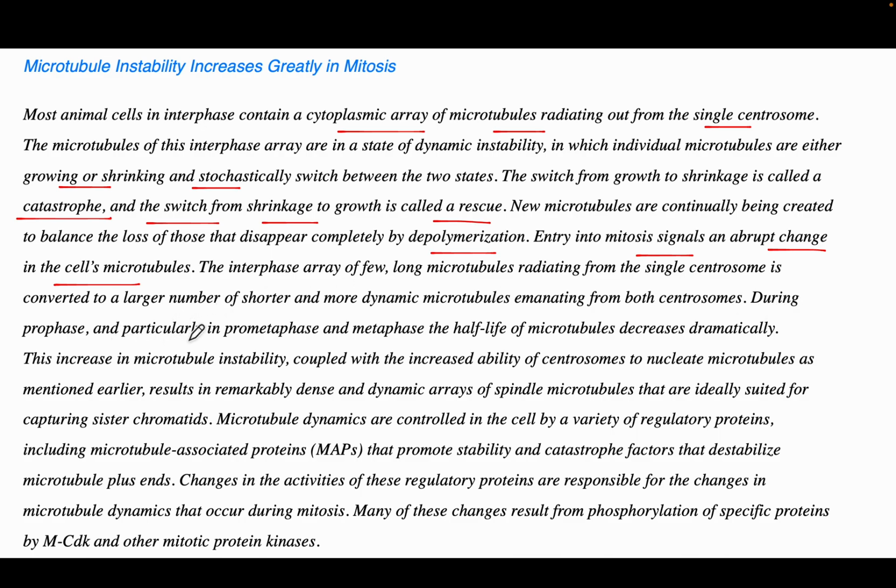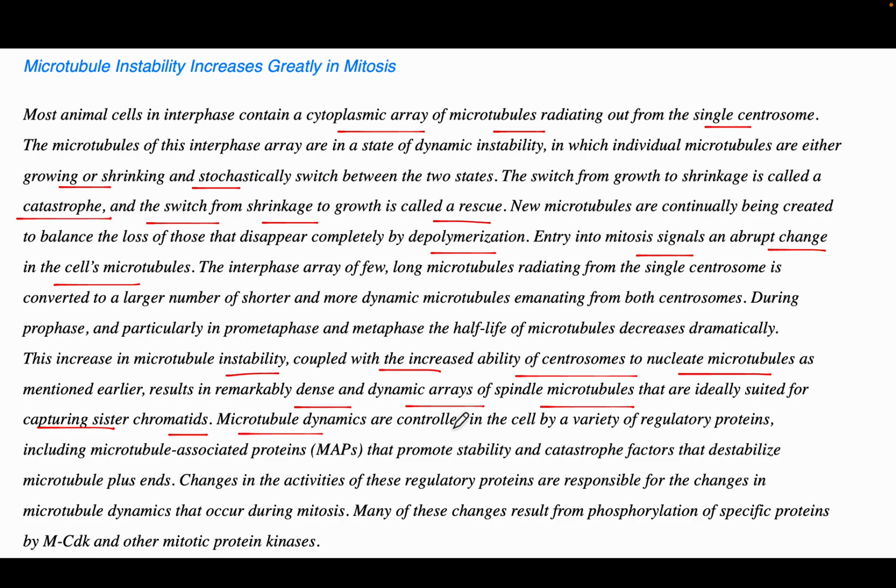During prophase, and particularly in prometaphase and metaphase, the half-life of microtubules decreases dramatically. This increase in microtubule instability, coupled with the increased ability of centrosomes to nucleate microtubules, as we have talked about earlier, results in remarkably dense and dynamic arrays of spindle microtubules that are ideally suited for capturing sister chromatids.